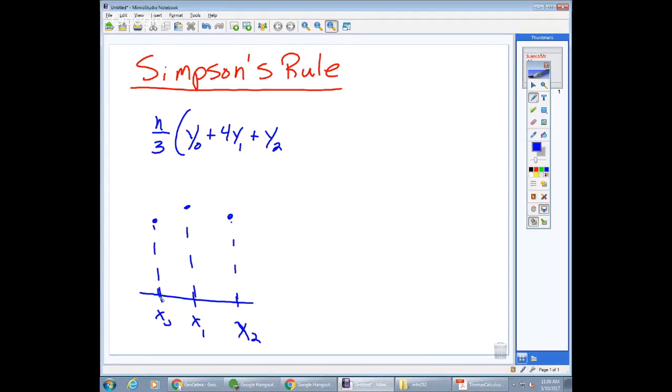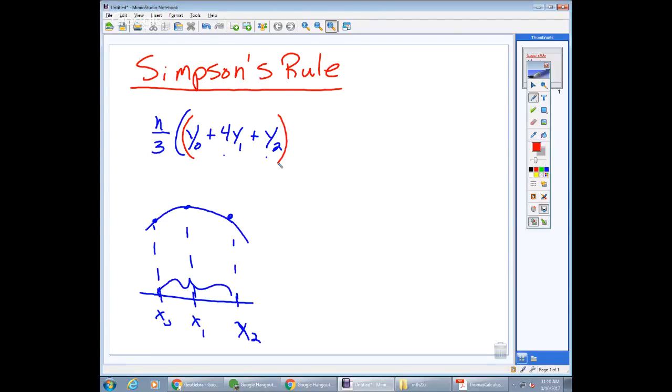Those 3 points break this up into 2 intervals, right? And then our goal is to try and find a parabola that goes through those 3 points. And it turns out to make that happen, all you have to do is consider the first y value plus 4 times the second y value plus the third y value. And it just works out nice like that. So that's the first grouping.